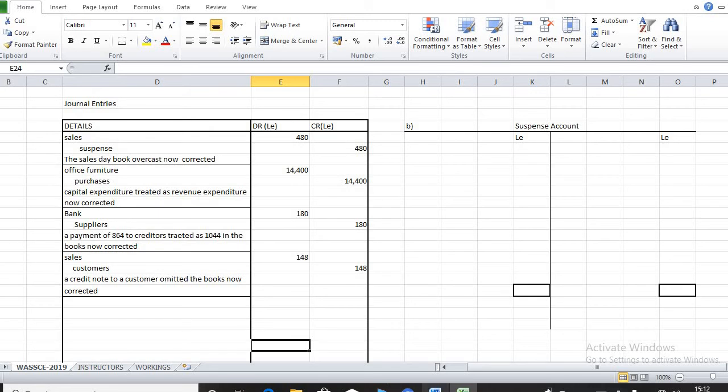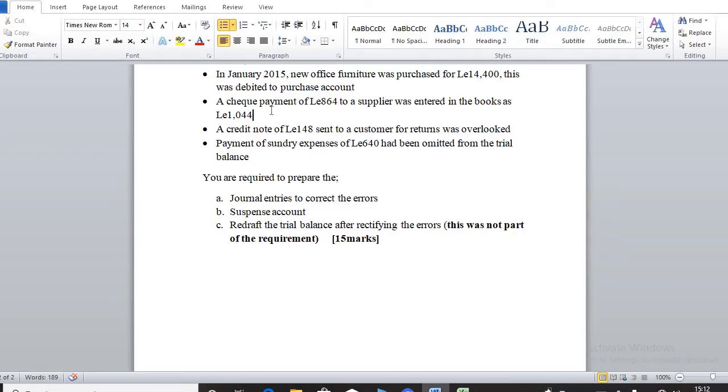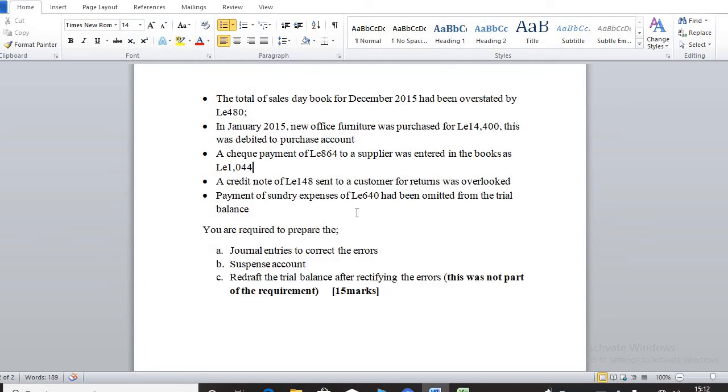So as I said, after reading the question, you have to identify the accounts involved. We have the customer account, and then we have the sales account in this particular question. Then you analyze the impact on the accounts, and when you are able to do that, you use the double entry principle, which says that every debit entry should have a corresponding credit entry, and every credit entry should have a corresponding debit entry.